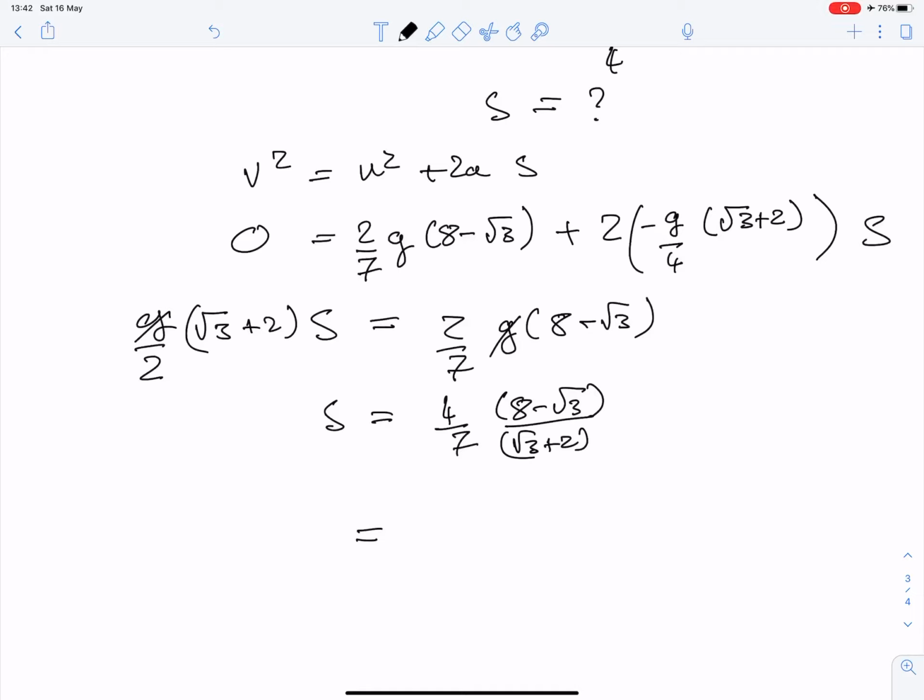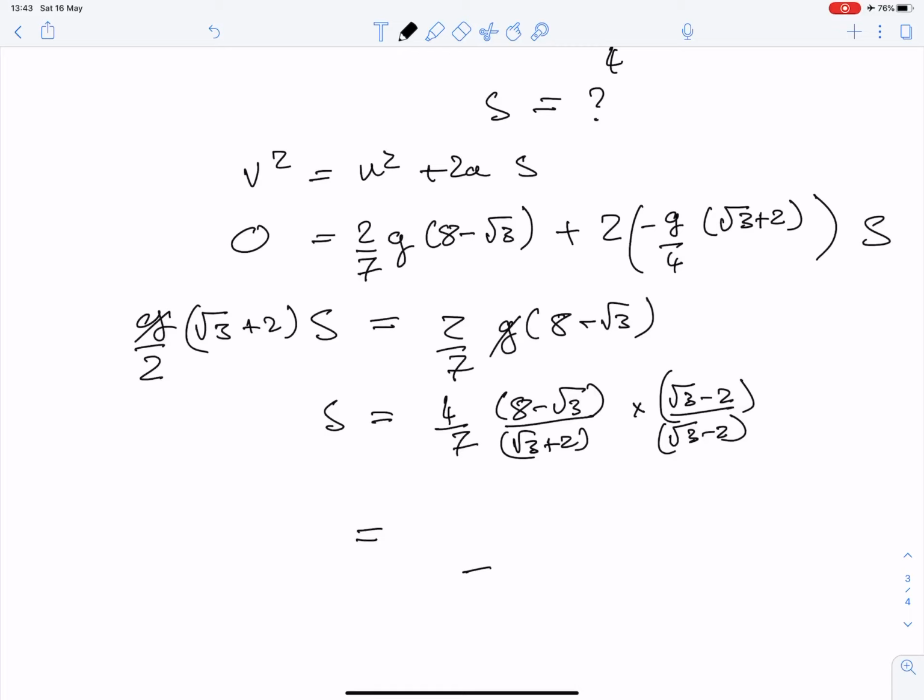Substitute in 0. u squared, well, that's straightforward, just take off the square root sign: 2/7 g (8 minus root 3), minus 2 times a, which is negative g over 4 times (root 3 plus 2), plus 2as. Oh, that's plus, sorry.